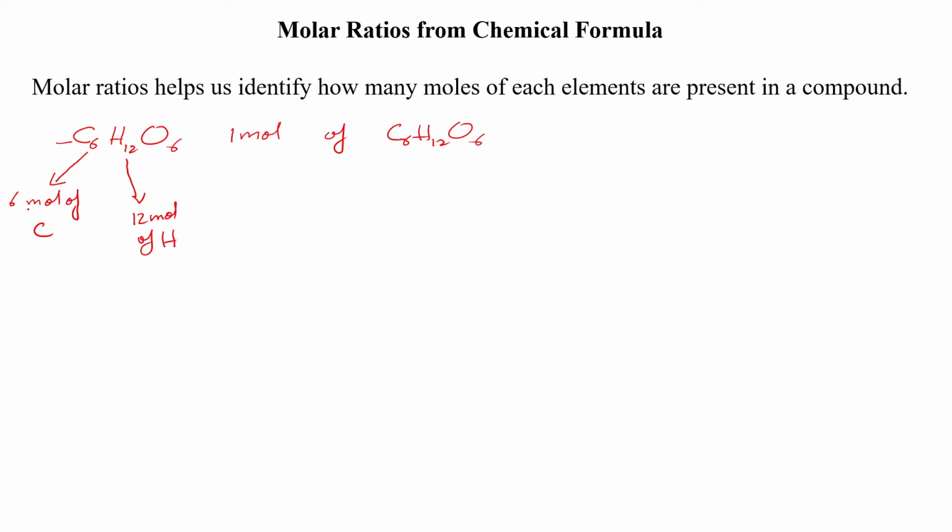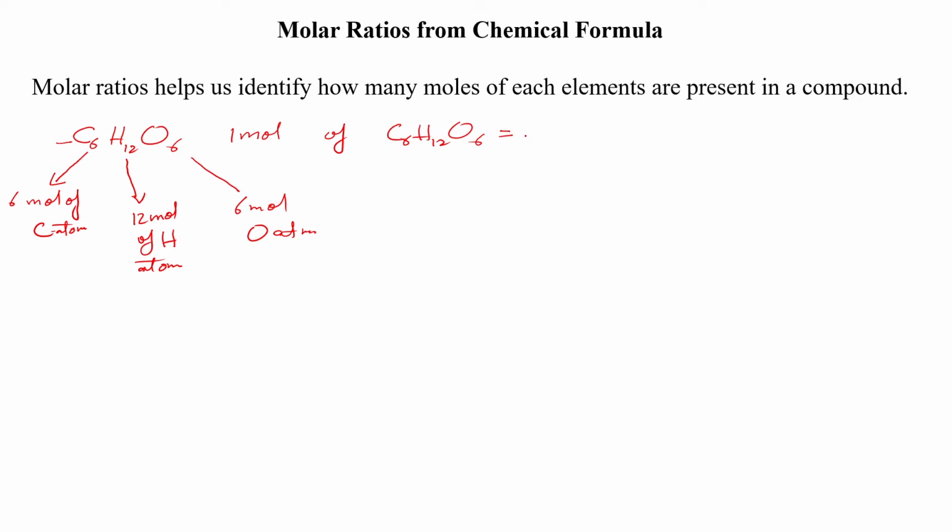And by saying 6 moles of carbon, it means 6 moles of carbon atoms, 12 moles of hydrogen atoms. It has 6 moles of oxygen atoms, right? Now, if you make a conversion factor of mole with Avogadro's number, you know 1 mole of anything equals Avogadro's number, right?